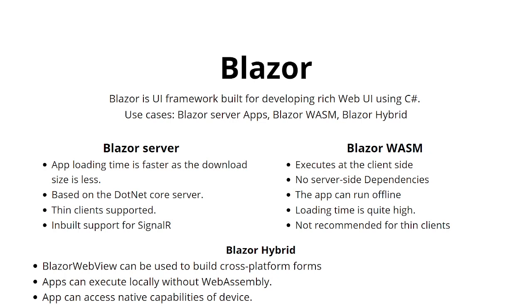But the major difference between .NET Core and Blazor server apps is the inbuilt support of SignalR. So the communication between client and server is made asynchronous, and only the incremental UI is posted back to the client, which makes the request and response bandwidth quite low.